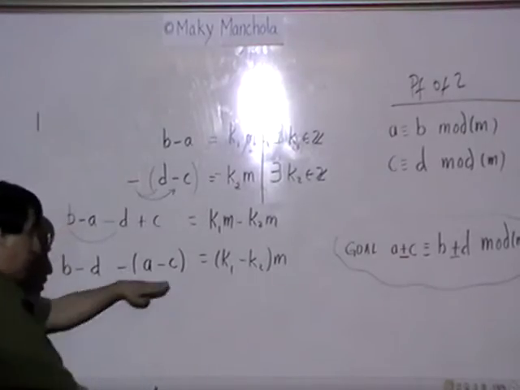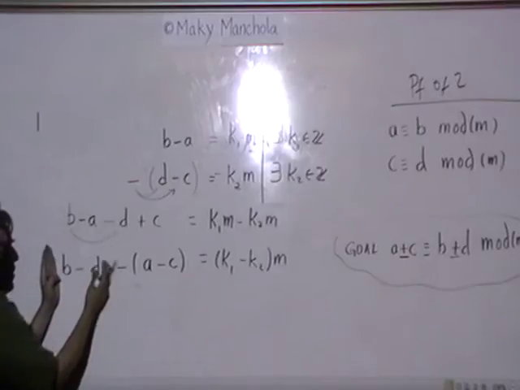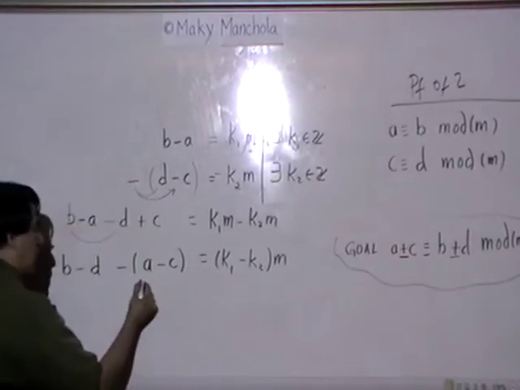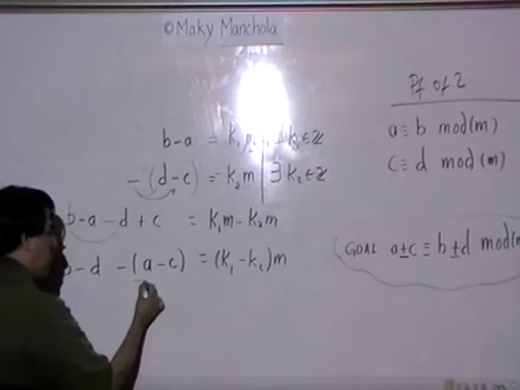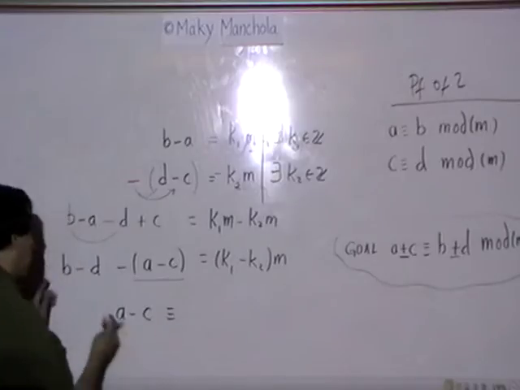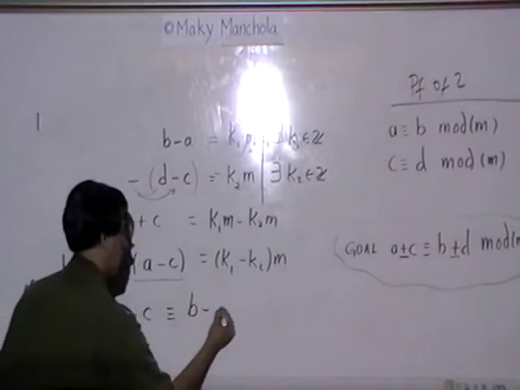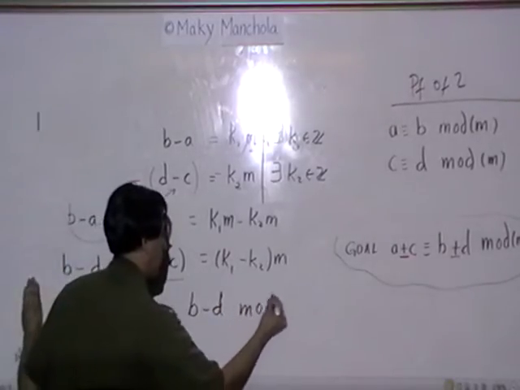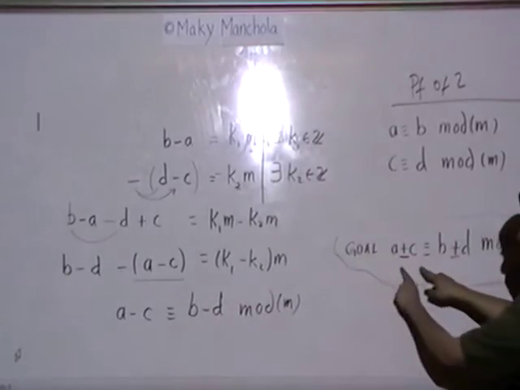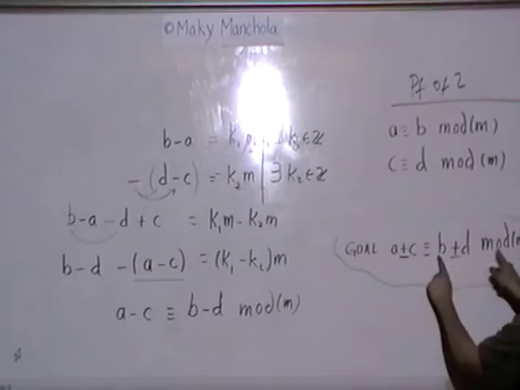So what does this mean? This means that B minus D minus A minus C is a multiple of M. What does that translate into in terms of congruence? That translates into the following. A minus C is congruent to B minus D mod M. That takes care of the second half. A minus C is congruent to B minus D mod M.